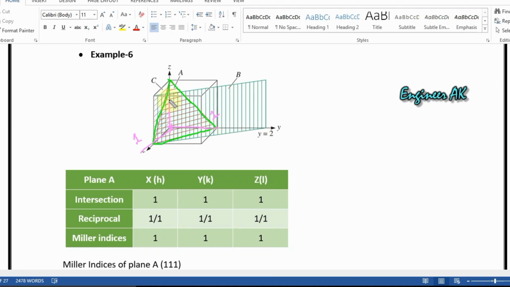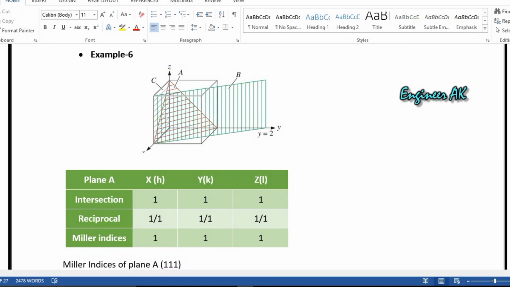And in the z direction, it is also cutting the plane at 1. So for plane A, I have mentioned 1, 1 and 1. Now taking the reciprocal of all these, we get 1, 1, 1 as the Miller indices.